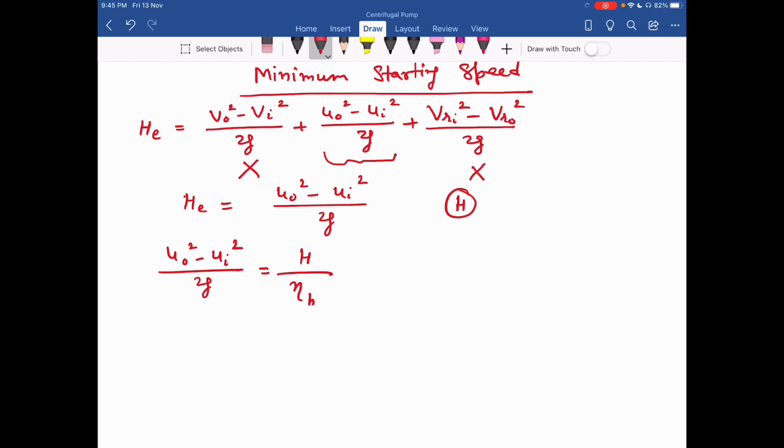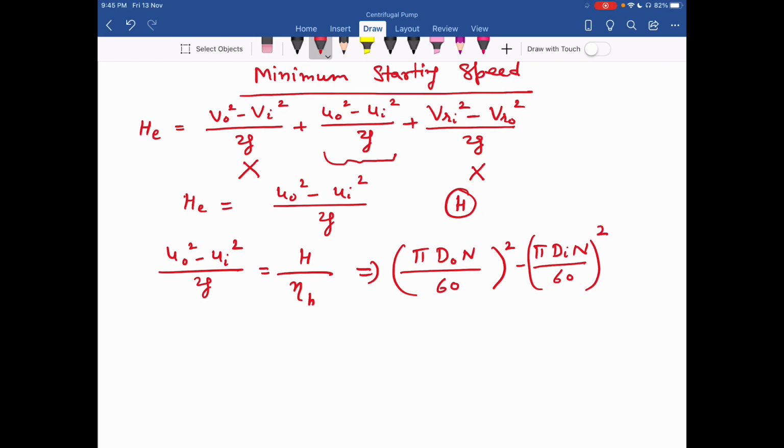Or this I can write as, now Uo I can write as pi Do N divided by 60, square, minus pi Di N divided by 60, whole square, is equal to 2gH divided by hydraulic efficiency.